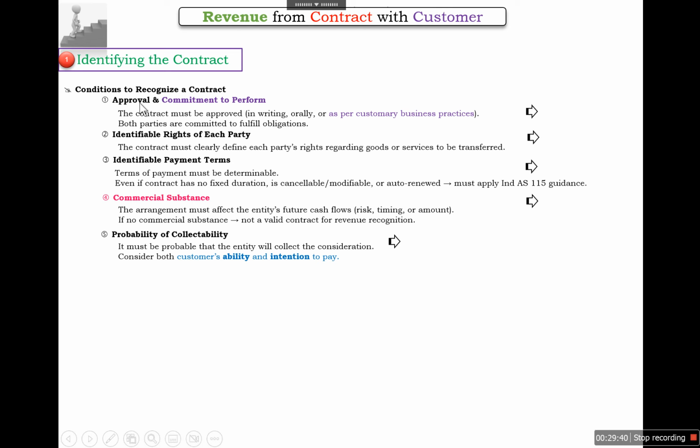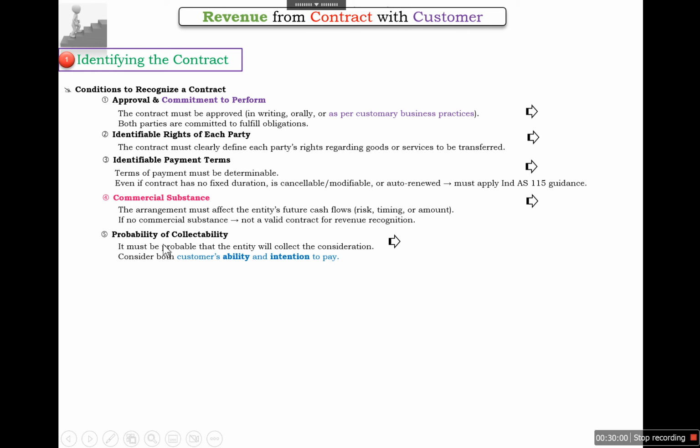If we see, there are five conditions for identifying the contract. There should be approval and commitment to perform, which may be oral, written, or through customary business practices. There should be identifiable rights of each party, identifiable payment terms, commercial substance, and probability of collectability.